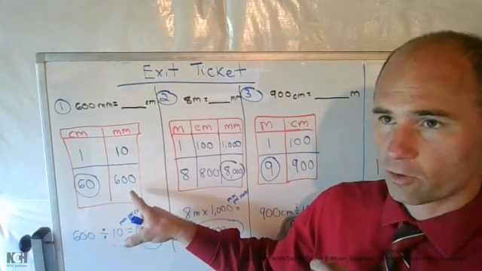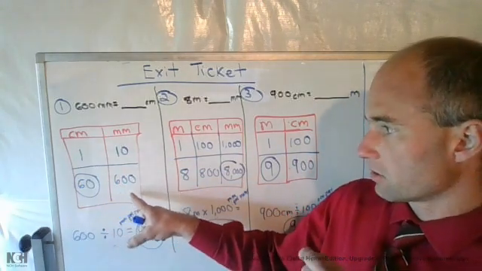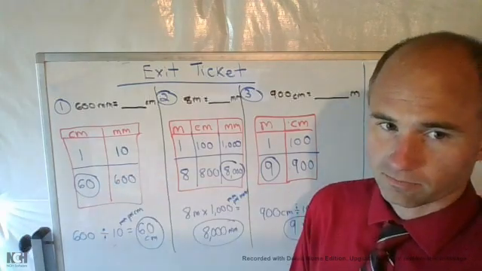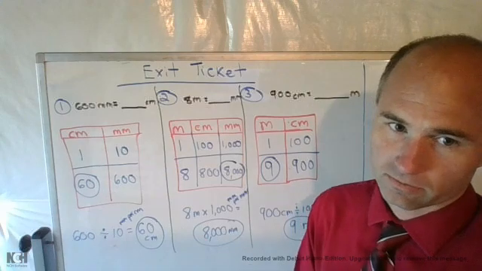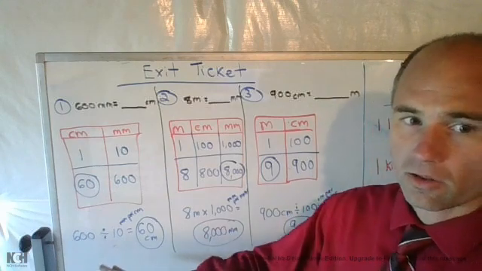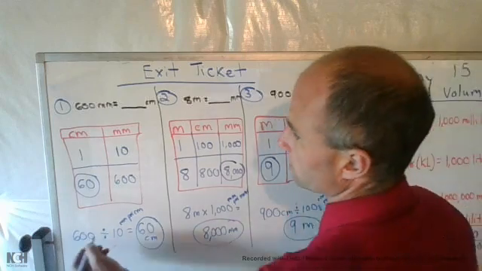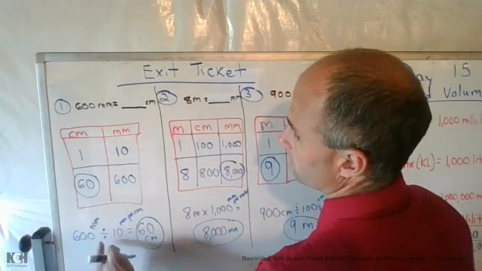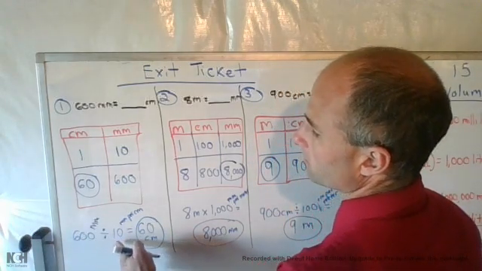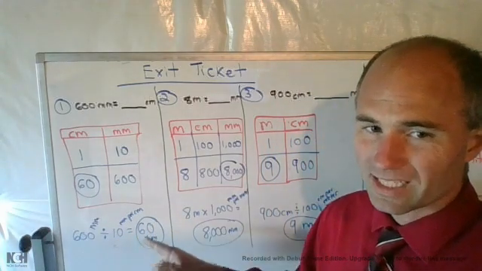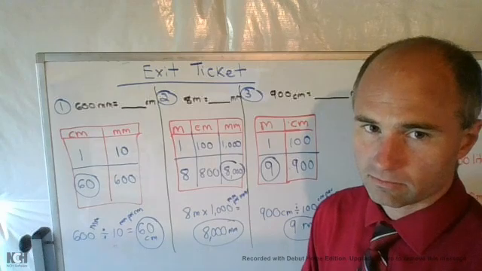Therefore, 600 millimeters is going to give me what centimeters? 60 centimeters. Another way of solving this is saying 600 millimeters divided by 10 millimeters per centimeter gives you 60 centimeters.